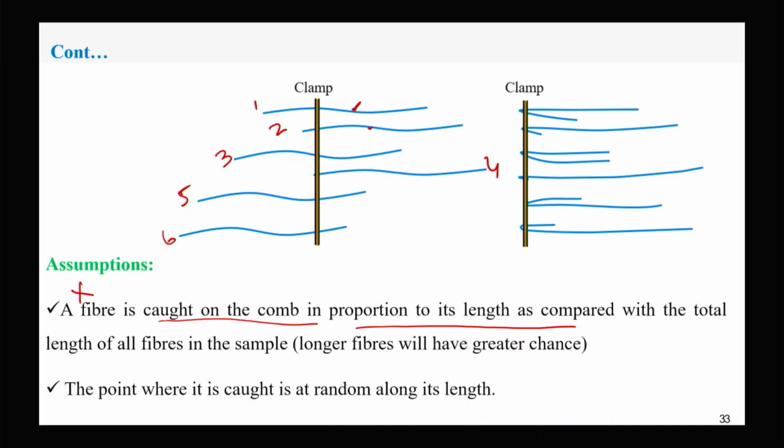So in this way, fiber 1 is arranged in this fashion, then fiber 2, fiber 3, fiber 4, fiber 5 and 6. They are forming loops.